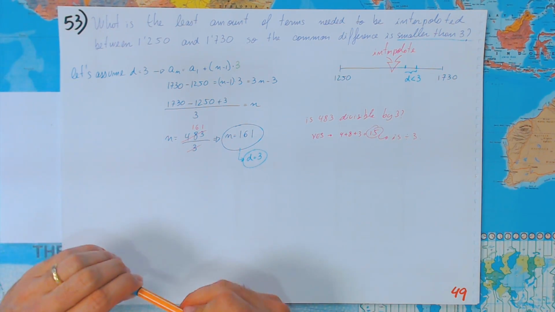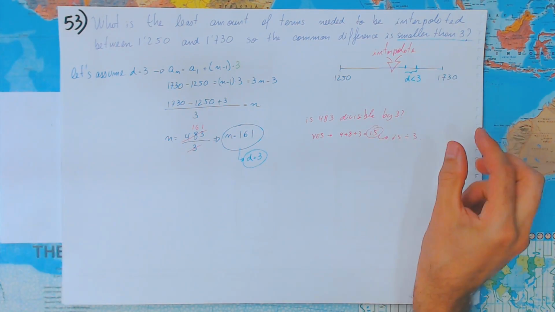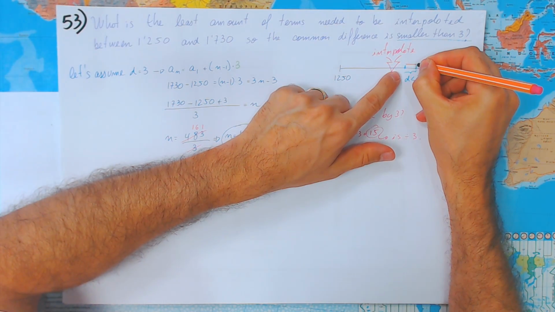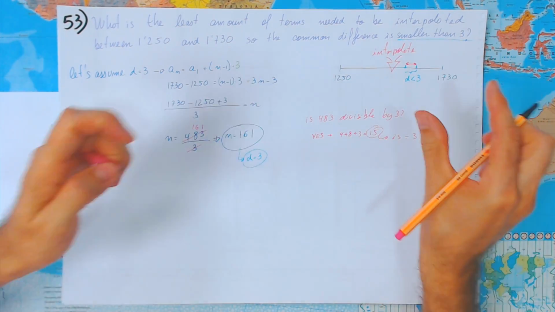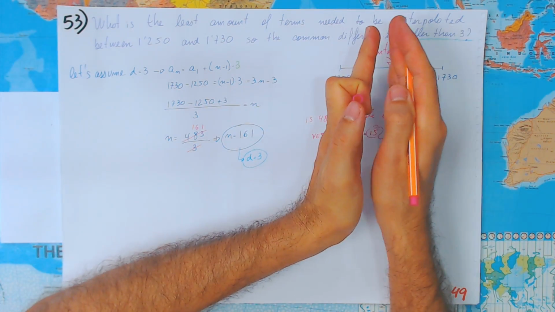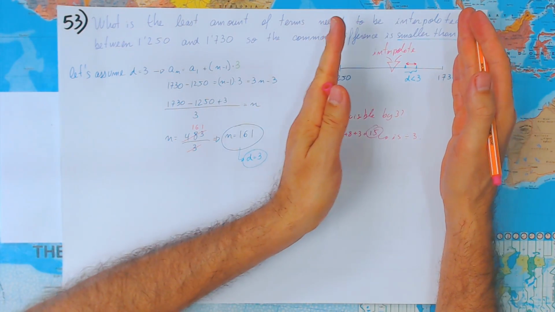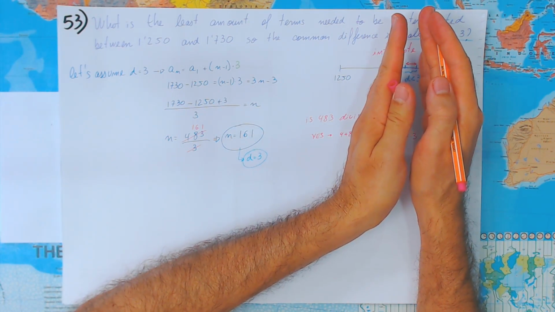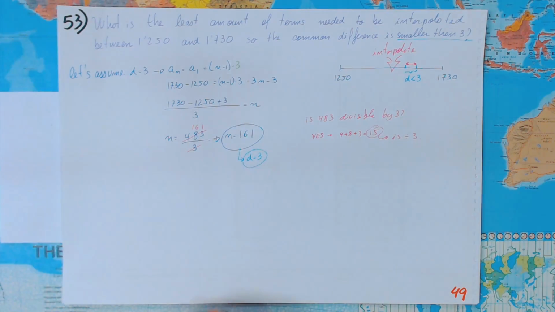What can we do to take that length in here and make it smaller? Well, we have to put more terms in here, right? The more we put, the smaller d becomes, until it's very tiny.